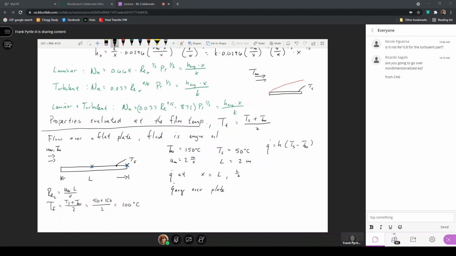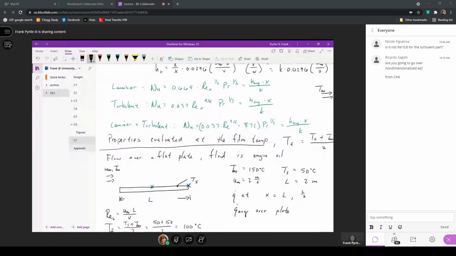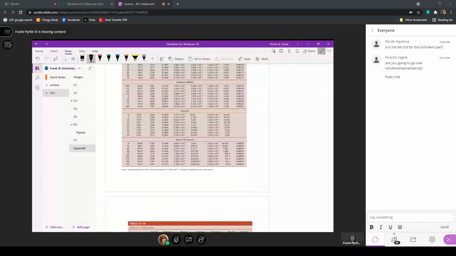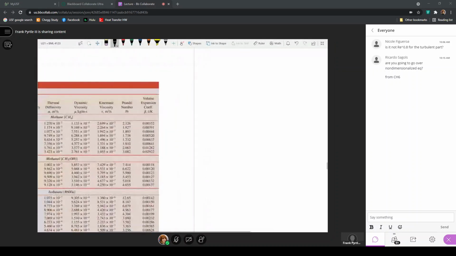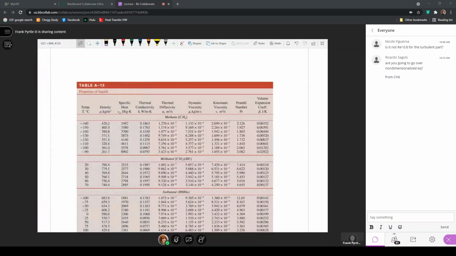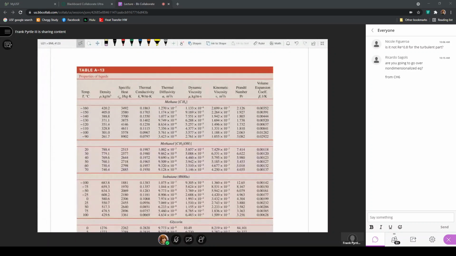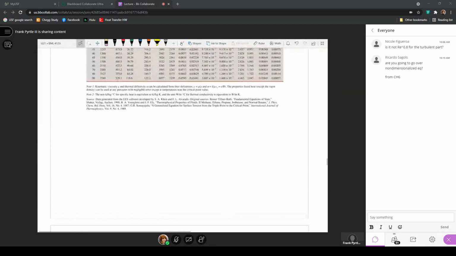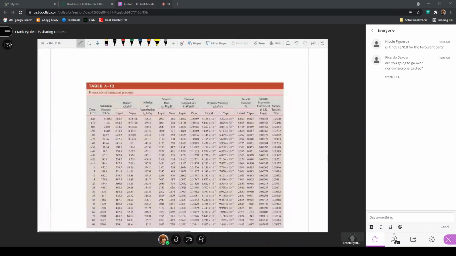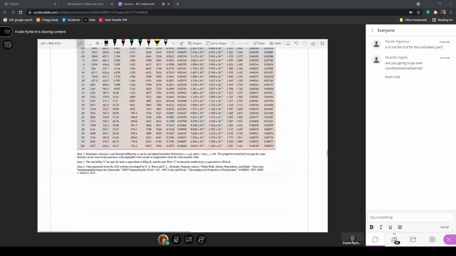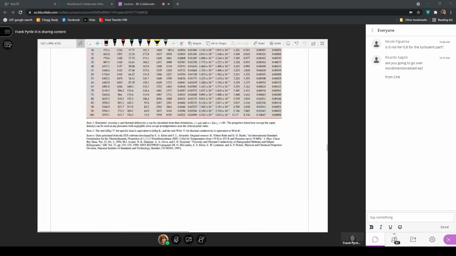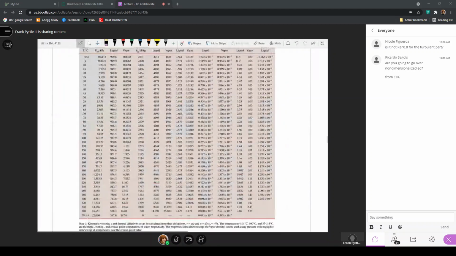Now, in order to get the properties that we need, we'll have to reference the appendix of the textbook. In the appendix, in table A13, are the properties of multiple different liquids, but we also have, for water, which is going to be used quite a bit, saturated propane, saturated ammonia, R134A.